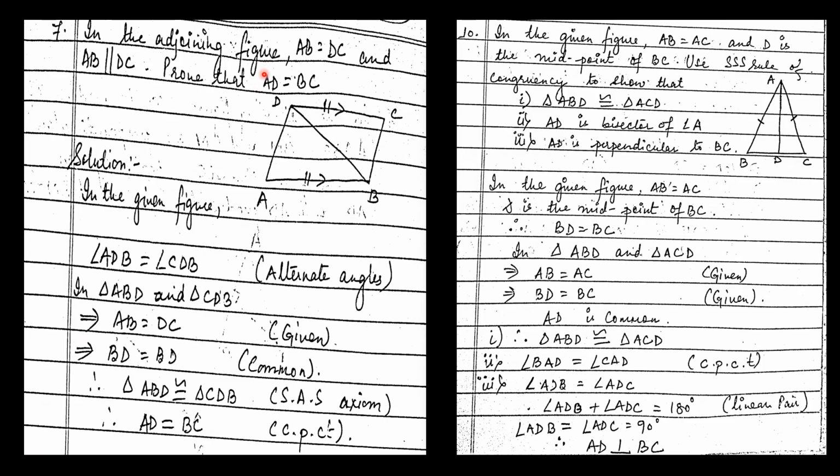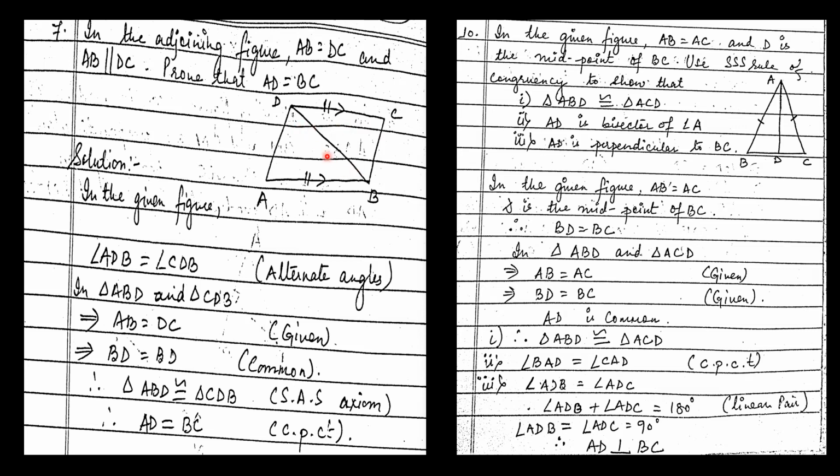Next question. In the given figure, AB is equal to DC and AB is parallel to DC. So we need to prove that AD is equal to BC. Now, if you see the figure here, we have two triangles, triangle ABD and triangle CDB.